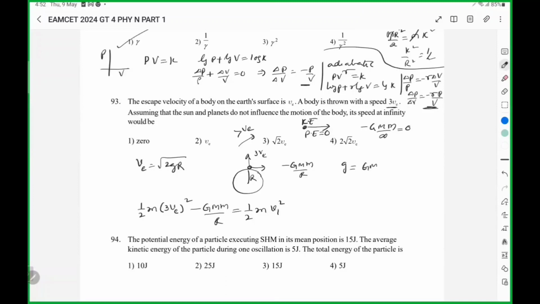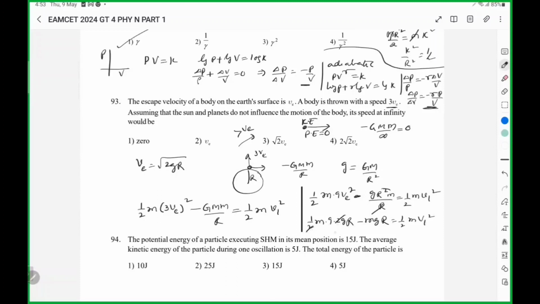g here is GM by r square. I will write here half m 9v square. GM is g r square into this, which is half m v1 square. g and r get cancelled. m 9v square is 2gr minus mgr is half m v1 square.